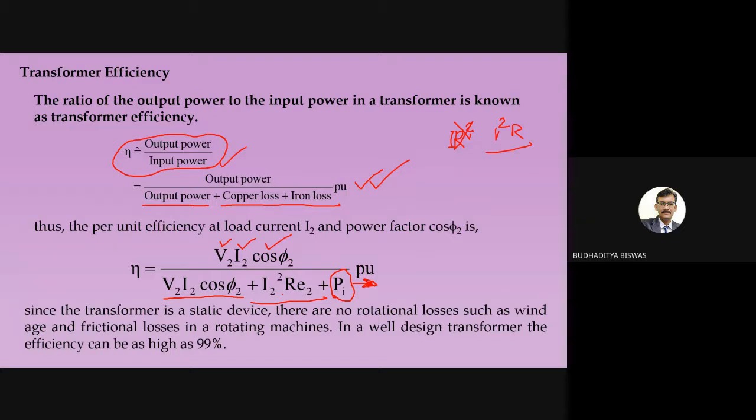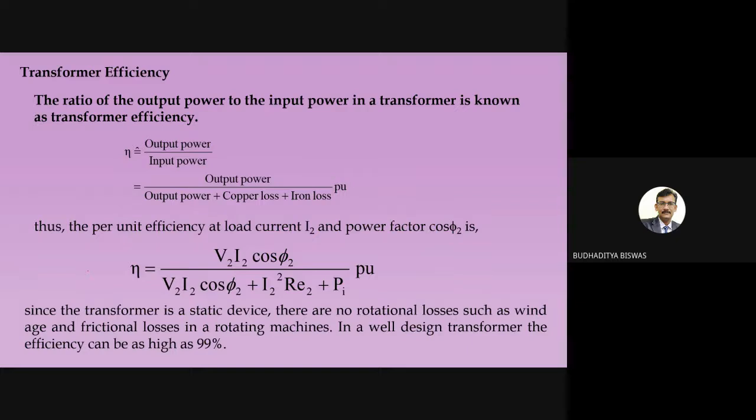Now, what is the meaning of the last paragraph which is written? The meaning is that since the transformer is a static device, there are no rotational losses such as windage and frictional losses as in a rotating machine. In a well-designed transformer, the efficiency can be as high as 99%.